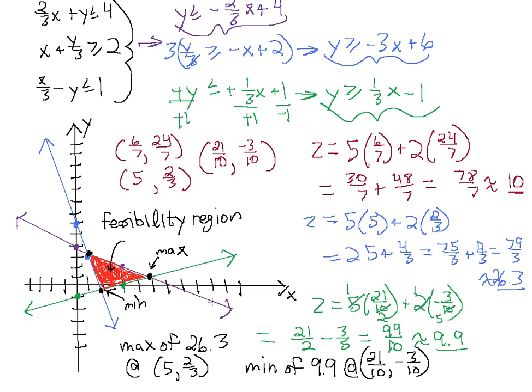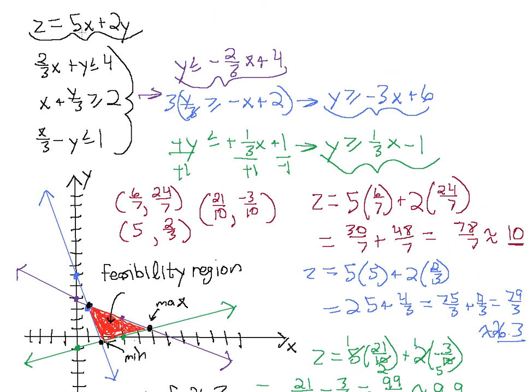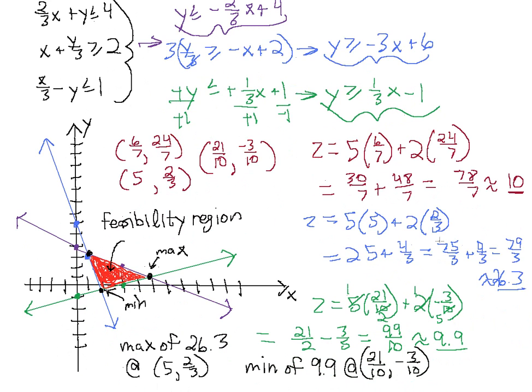Okay, so this is called linear programming, and what we did is we took an optimization equation, which a lot of times is referred to as a cost equation. We were given these constraints, and we found a feasibility region, which we used to find the maximum and minimum values at these given points.